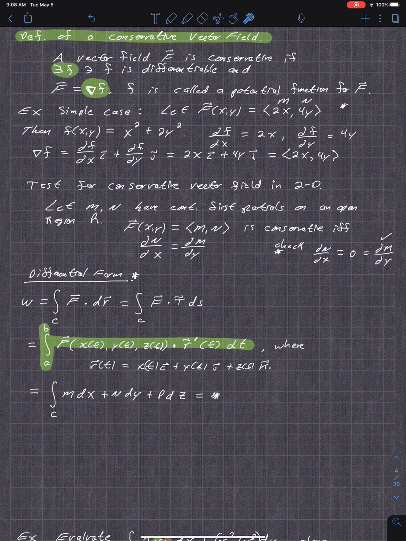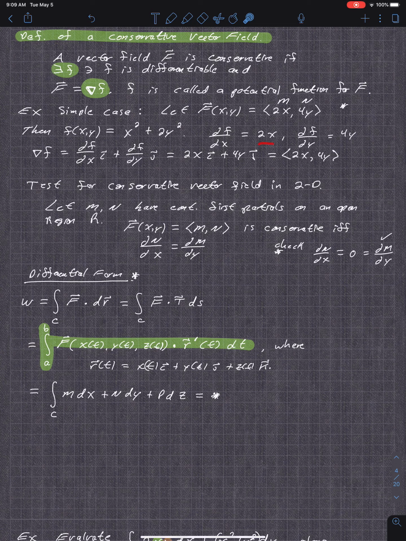Here's a simple case you can just look at. If capital F is 2x and 4y, can you think of a little f, a real valued function, whose gradient would equal that? Well, what if you had x squared plus 2y squared? Take this partial and you get 2x. Take this partial and you get 4y.